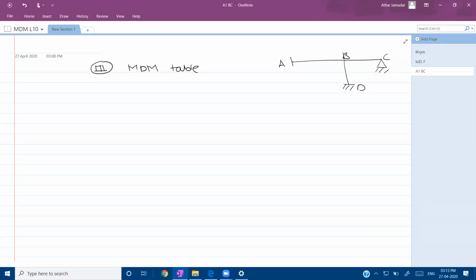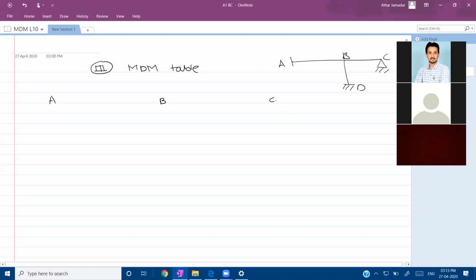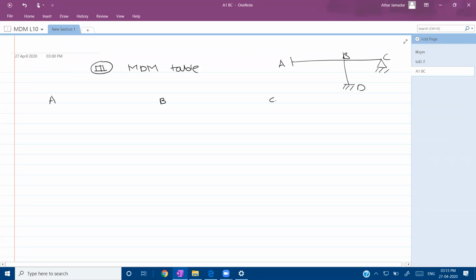So first of all, we will write down all the supports here, then support B and point C. At A there will be only 1 member AB meeting. Similarly at C there is only 1 member CB meeting. This is just for information.